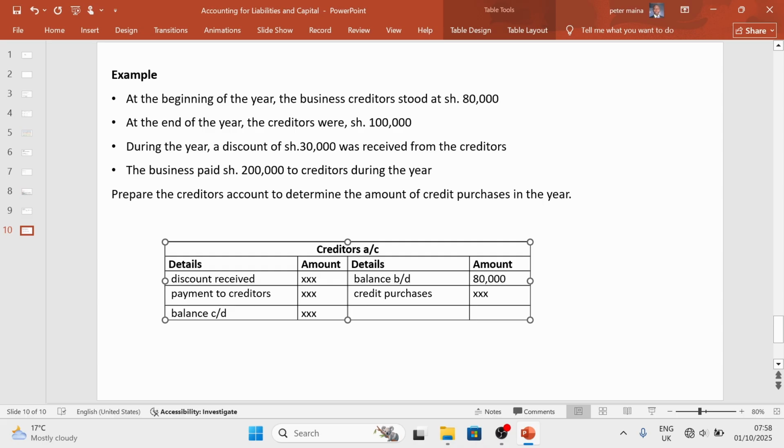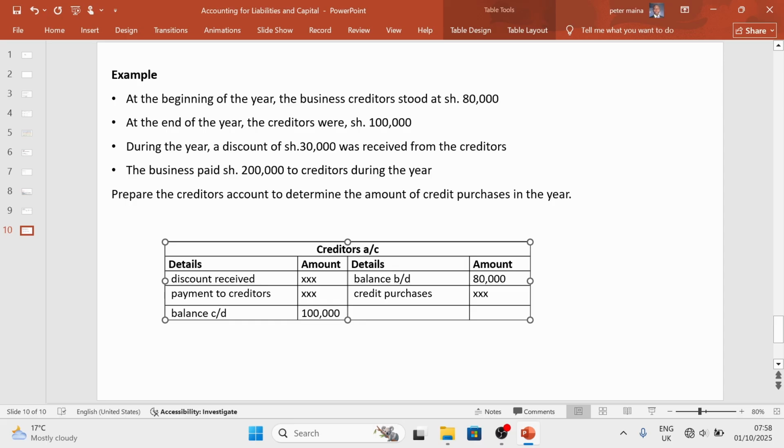We go to the second point. At the end of the year, the creditors were 100,000. So 100,000, that is the balance carried down. So you go to the account, at the balance carried down, you record 100,000.